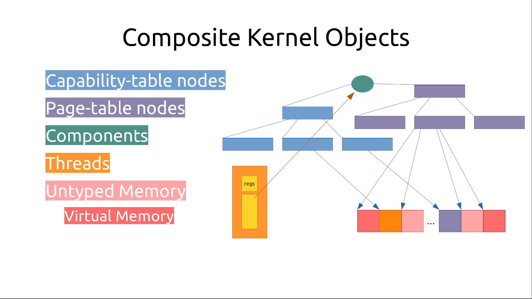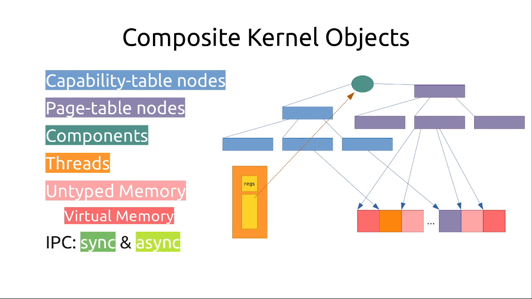So the retyping facilities of the kernel seek to keep the kernel safe and to keep components safe by providing the guarantee that no piece of memory can be accessed as multiple types at the same time. So any piece of memory is accessed as one type and only one type within the system. And there are complicated rules for generating that, but that's how it maintains safety.